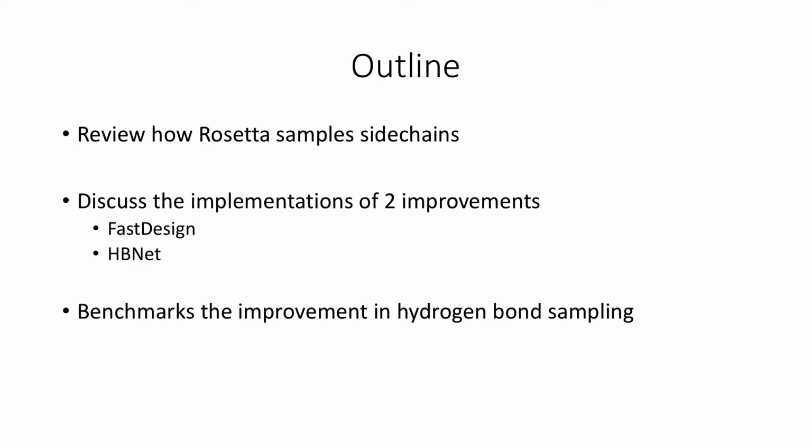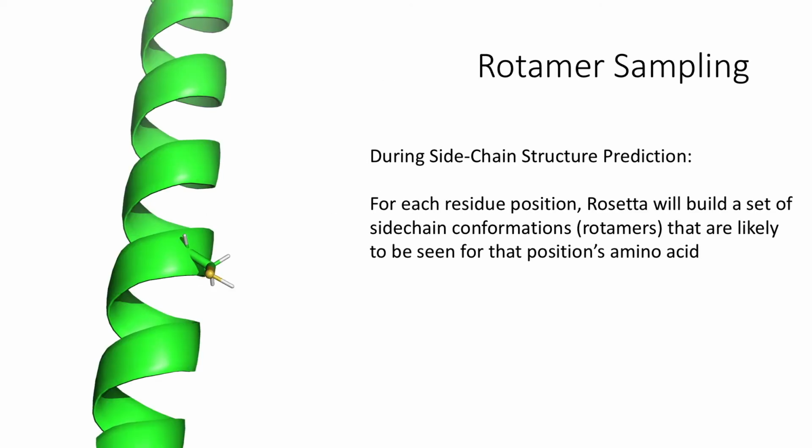It might feel out of order because I'm going to talk about implementations without going into detail of how they improve everything until the very end, where I show how everything improves together. But first, just to review how Rosetta samples sidechains.